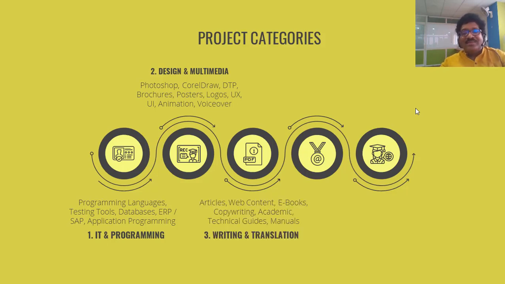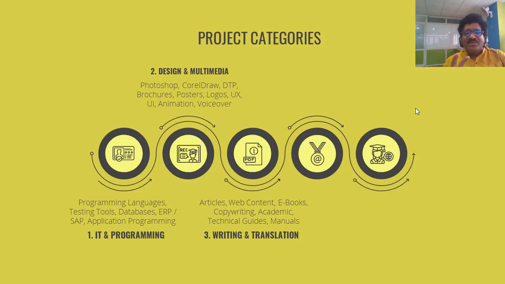Now let us look at the third category, writing and translation. As the name indicates, writing content, producing content. This is where projects involve writing articles, creating web content, writing ebooks, copywriting, creating content for sales and marketing, academic content, technical guides, manuals, business related content, creating white papers, writing newsletters, press releases, creating question banks, study material, courseware, e-learning modules.